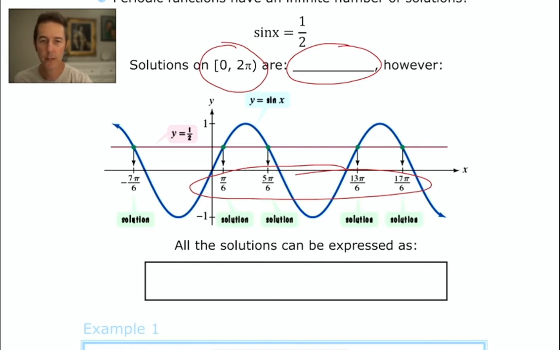So not only is the sine of pi over 6 equal to 1/2, but if I took pi over 6 and I added 2 pi to it, I added the period of the sine function to it, and took the sine of that resulting angle measure, which would be 13 pi over 6, that angle measure is also equal to 1/2.